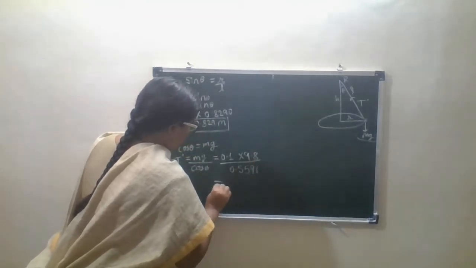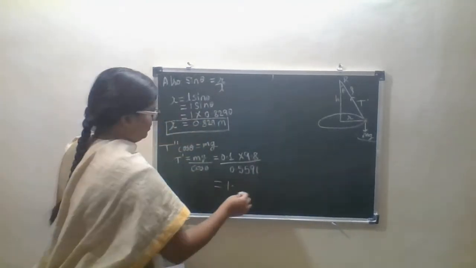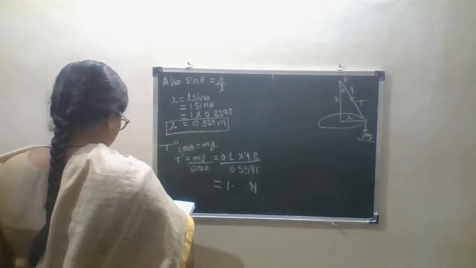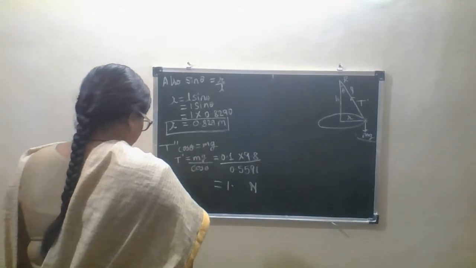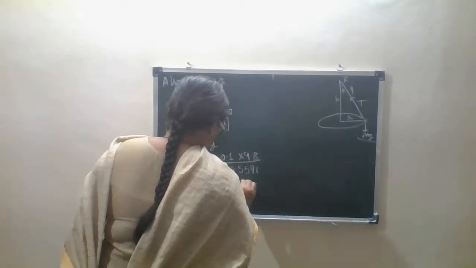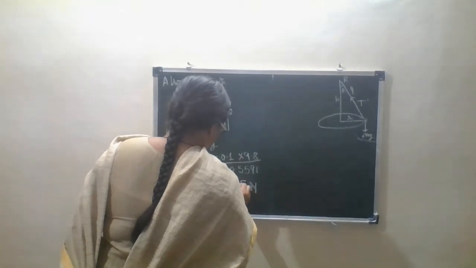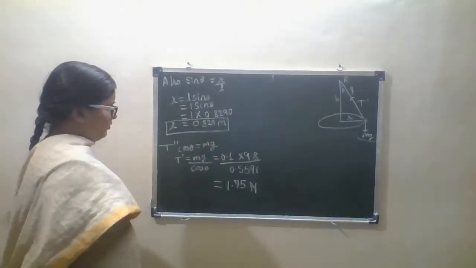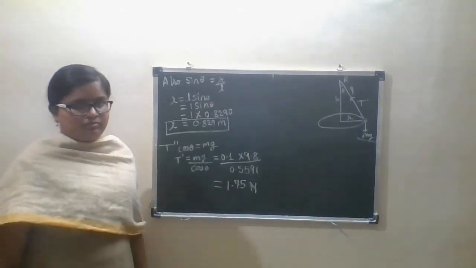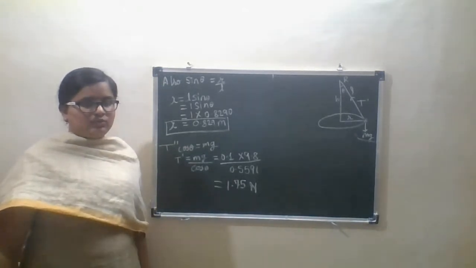Then this is equal to 1.753. This will be the tension in the thread. Now next we will see.